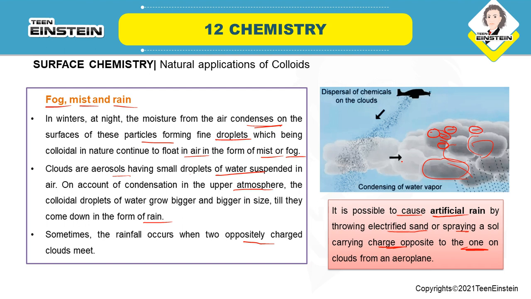In that case we have to throw electrified sand or a sol which is positively charged. Now these positively charged particles will neutralize the negatively charged particles. So it is like two oppositely charged clouds meeting each other, and ultimately it will be precipitated in the form of rain. So in this way artificial rain is also possible.